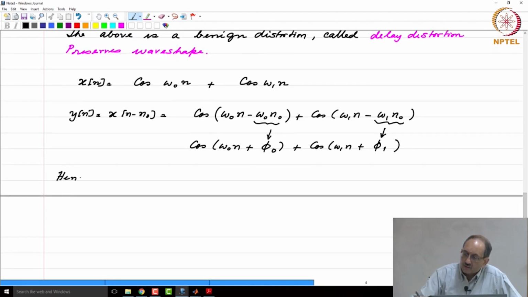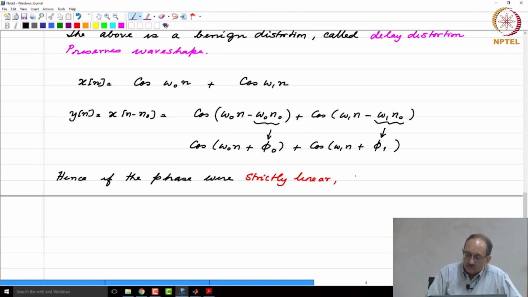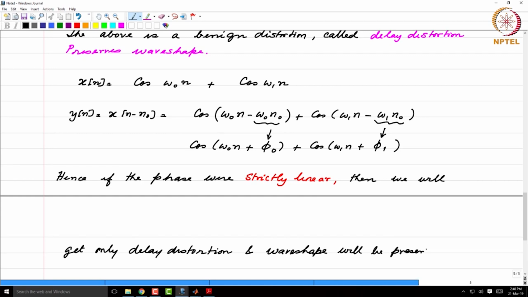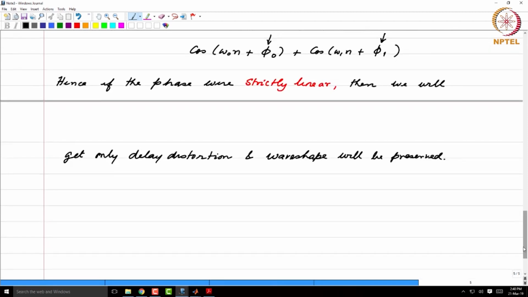Hence, from this simple example, as an illustration of the general principle, we state that if the phase were strictly linear, then we will get only delay distortion and wave shape will be preserved.